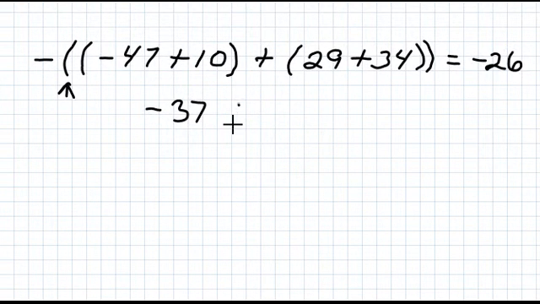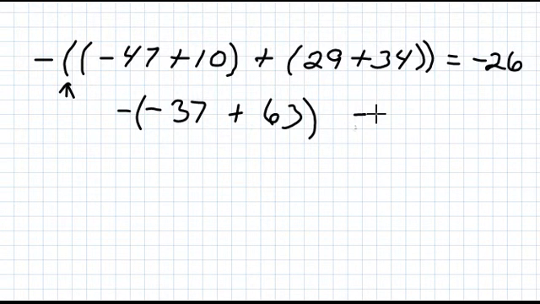Okay, and then so we have plus 63. And remember, this is all in parentheses now, and you have this negative outside. And so we should end up with a negative 26. So this is going to end up being 26 inside, but then we have the minus out here, and so we're left with a negative 26. If everything's done right.